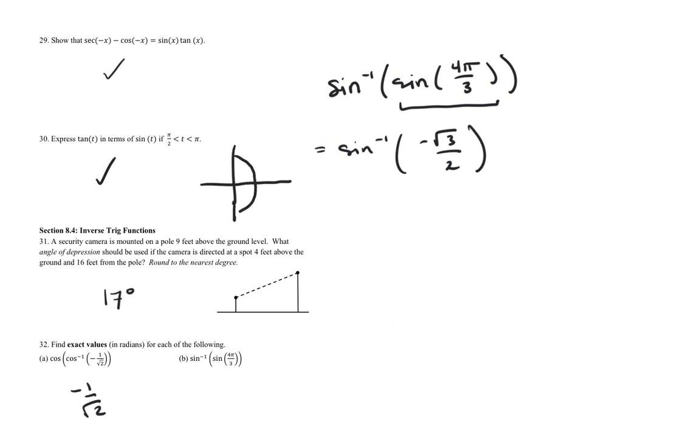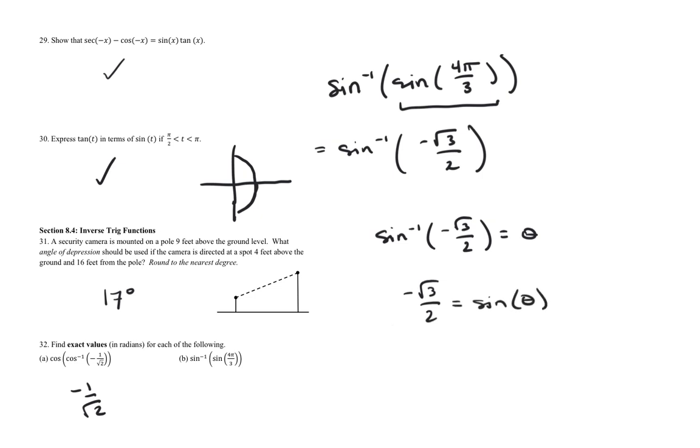So our inverse sine function is defined for quadrants 1 and 4. So we need to ask ourselves, what angle spits out negative square root of 3 over 2 when I'm working with the sine function in quadrants 1 and 4? So I can say that sine inverse of negative square root of 3 over 2 is equal to some angle, or negative square root of 3 over 2 is equal to sine theta.